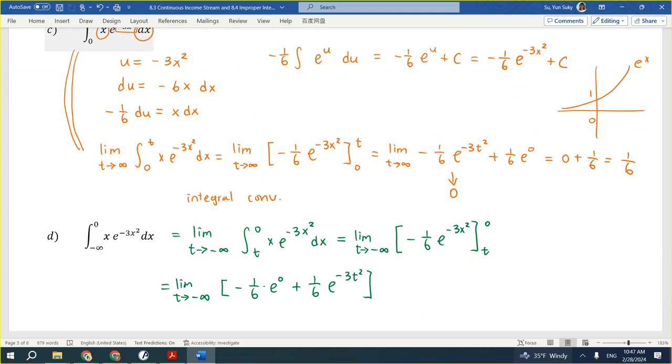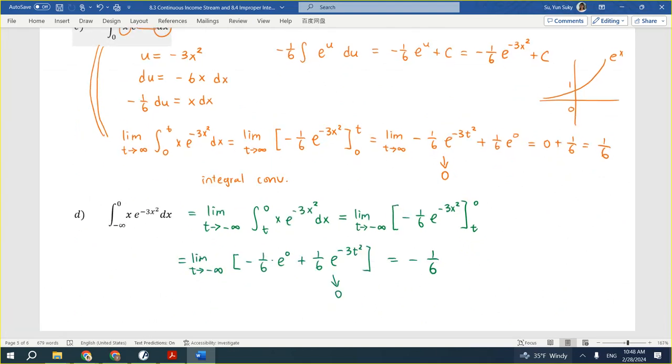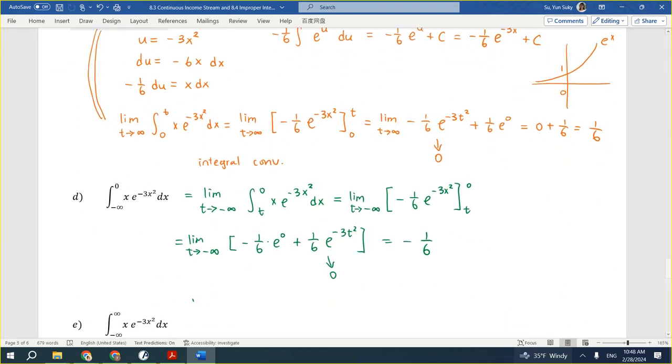Then e to the negative 3t squared still goes to 0. Therefore, the answer is minus 1 over 6. So we got that the integral also converges.